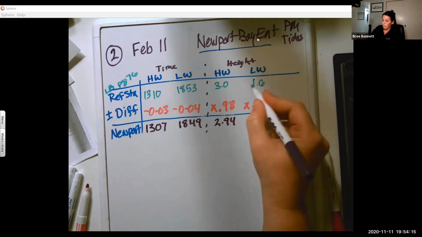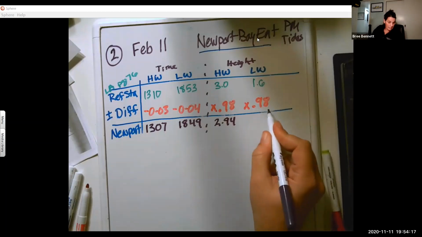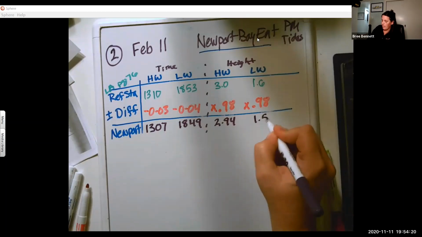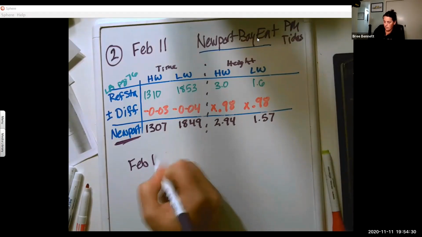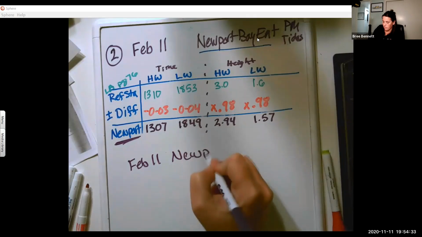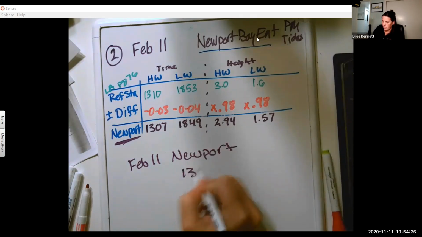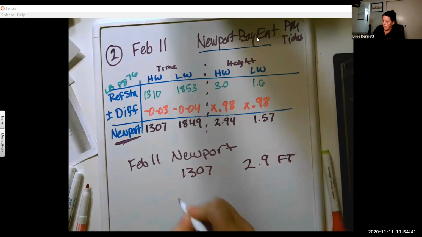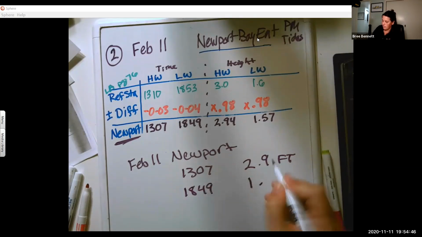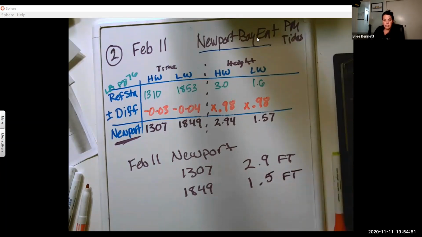And 1.6 times 0.98 gives me 1.57. So now I can say at Newport on February 11th, at 1307, the tide will be 2.9 feet. And at 1849, the tide will be, I'll call that, 1.5 feet.